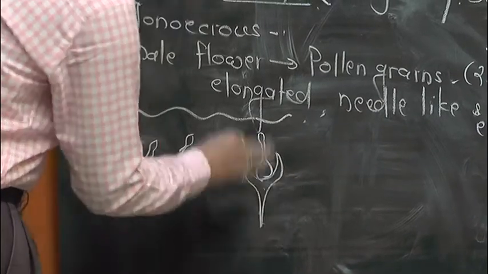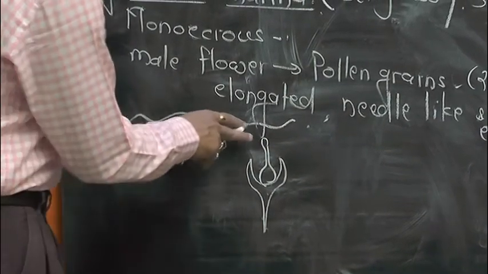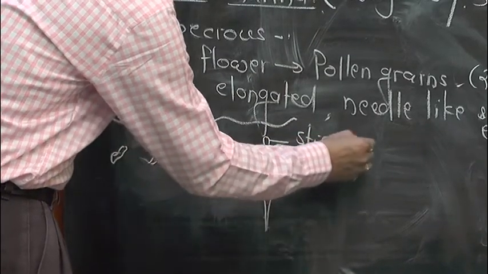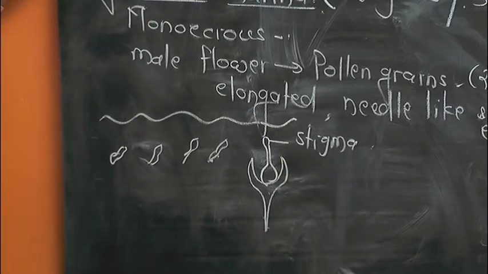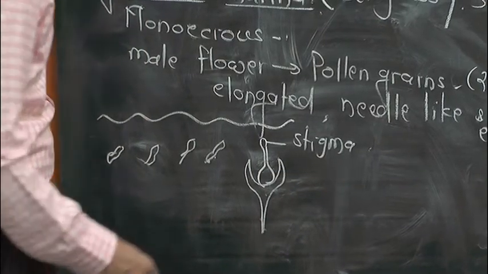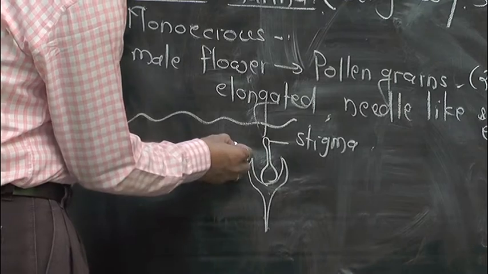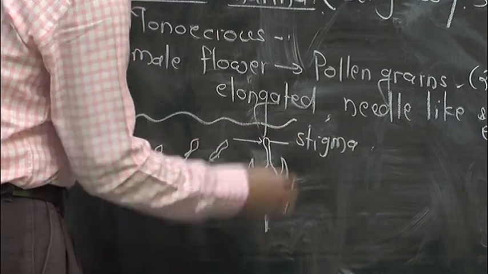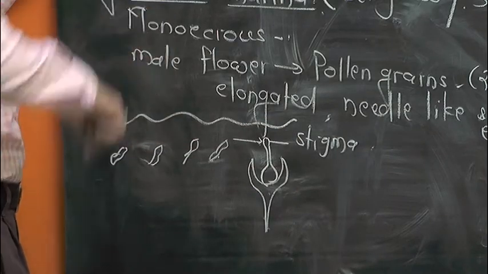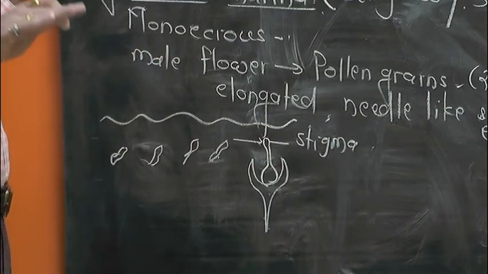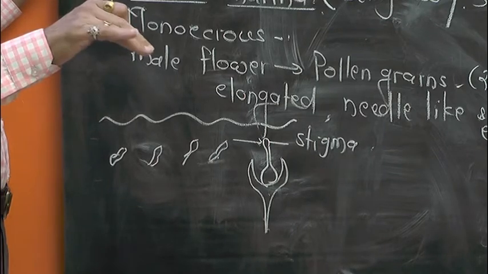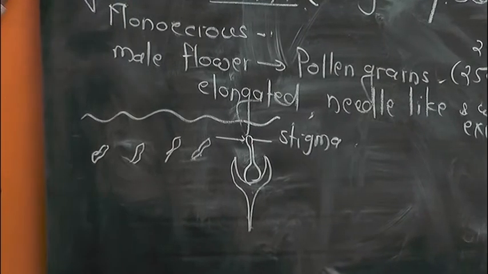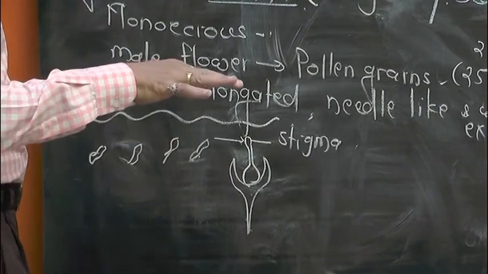Just imagine, suppose here is a female flower and here I have shown the stigma. The stigma is large, well developed, sticky. So whenever the pollen grains along with water currents reach near the stigma, those pollen grains coil around the stigma and pollination is achieved.